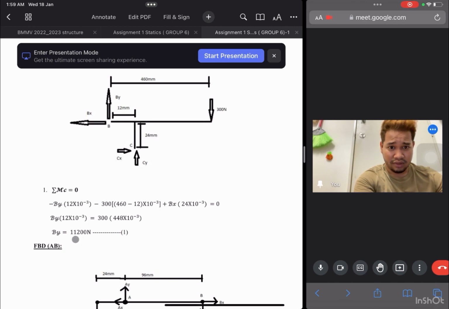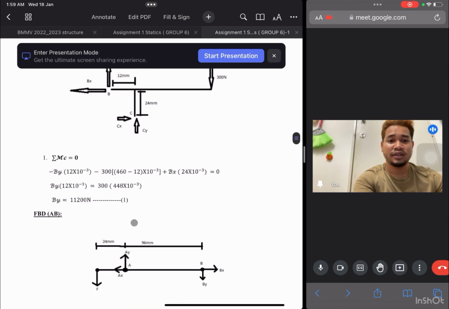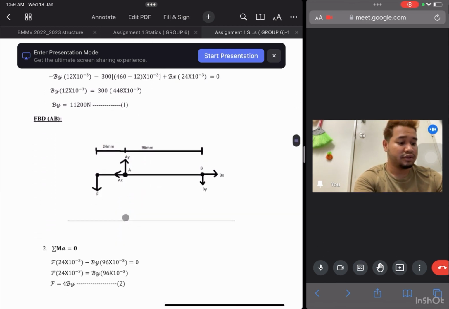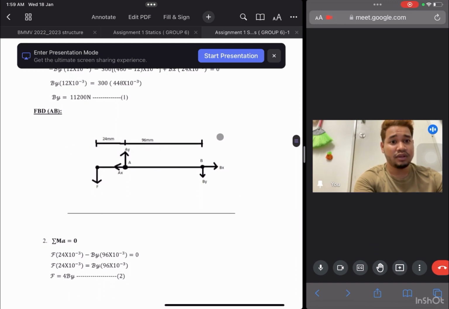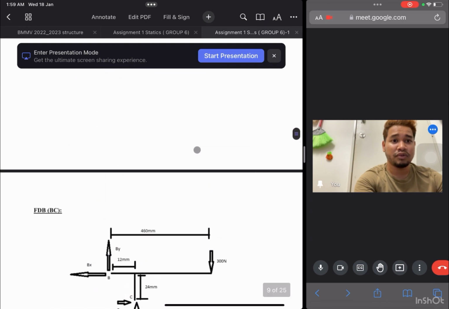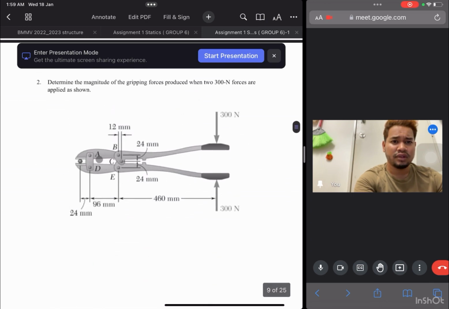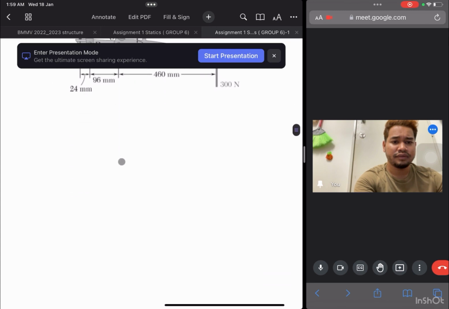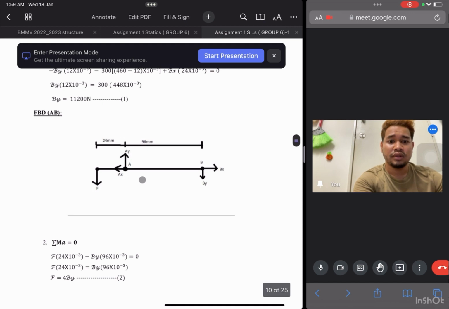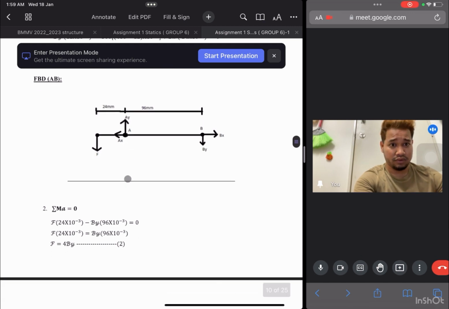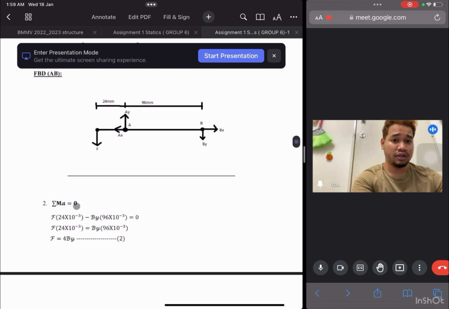So we got By here equal to 11,200 Newton. So the second step is we make an FBD at the points A and B. The FBD looks like this at points A and B. We take the moment at point A, so total moment A equal to 0.